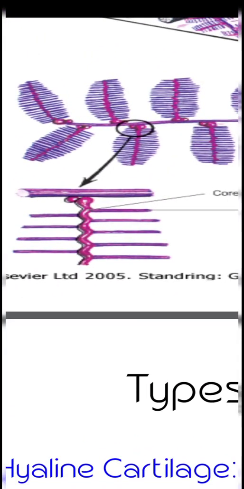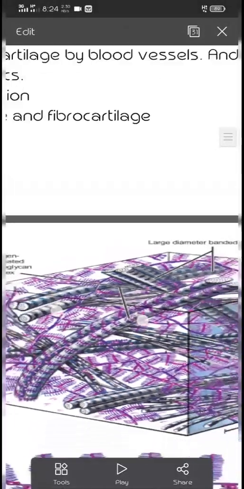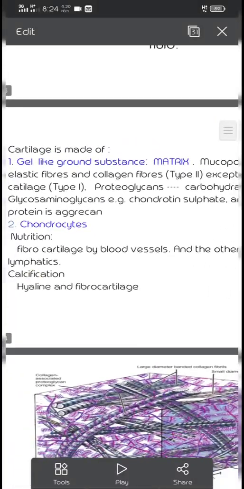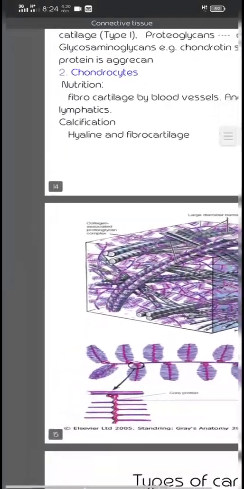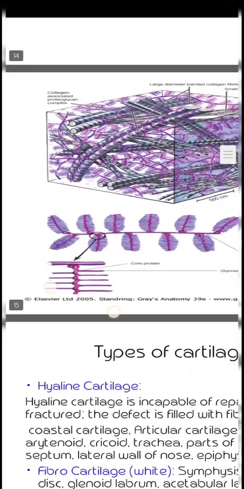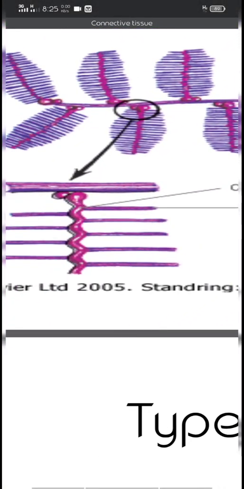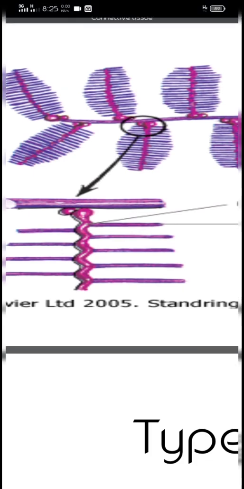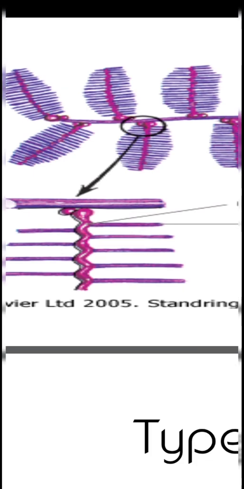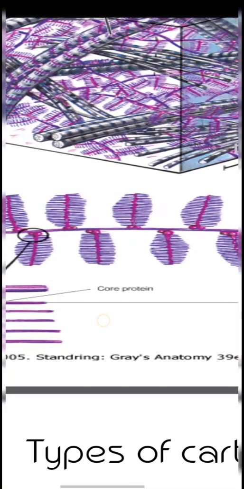Okay, so there was a term given here, the term was proteoglycan. So what is a proteoglycan? Proteoglycan is a structure on which a central core of protein is present, and from it different glycosaminoglycans are attached. So the structure of cartilage is given here.